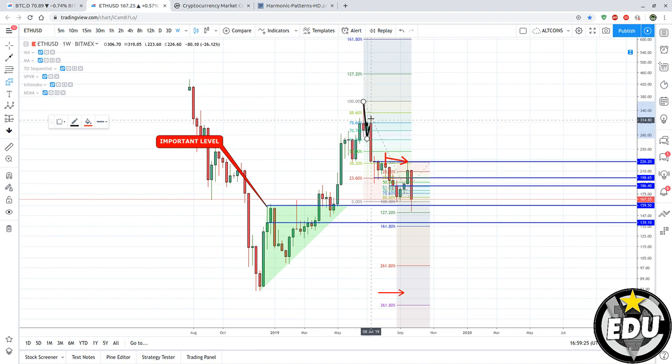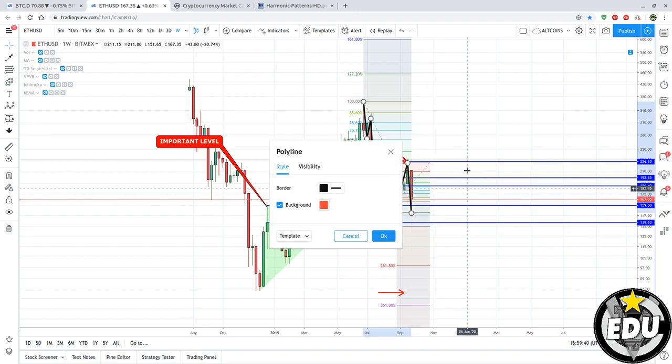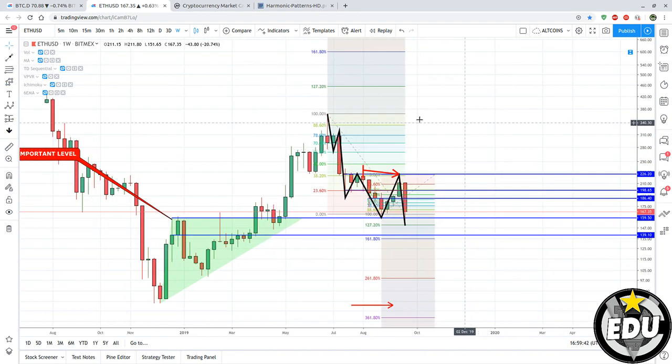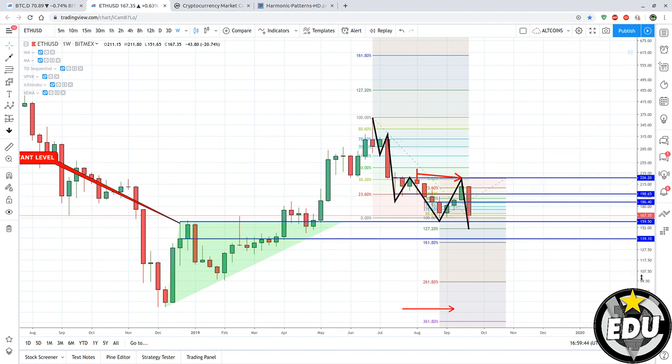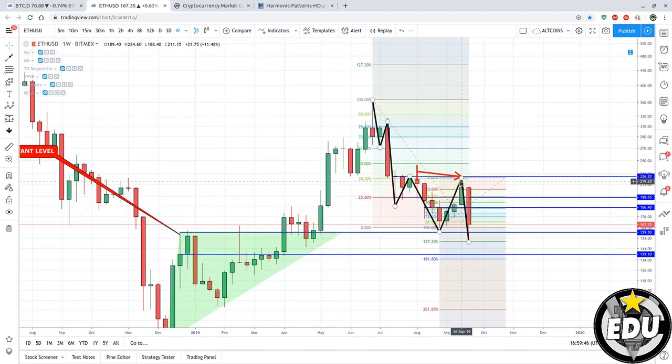Still making lower highs and lower lows. Here, if it broke here, it would have been good, but it didn't. So there's nothing bullish about this thing. There was not even a higher high or a higher low. Nothing. So super bearish, especially with this massive candle.